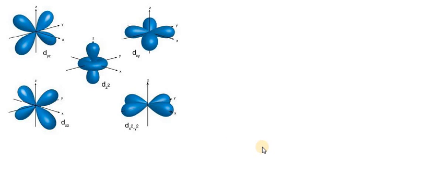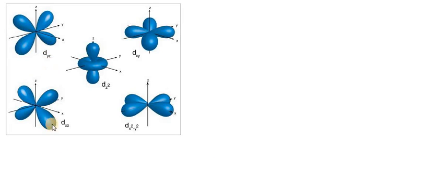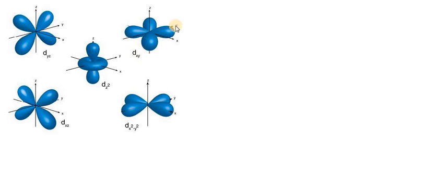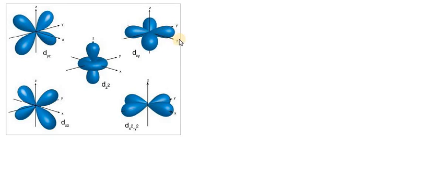So these are different d orbitals. Remember, this is the x-axis, y-axis, z-axis of a Cartesian coordinate system.